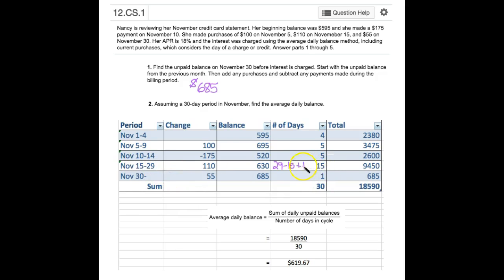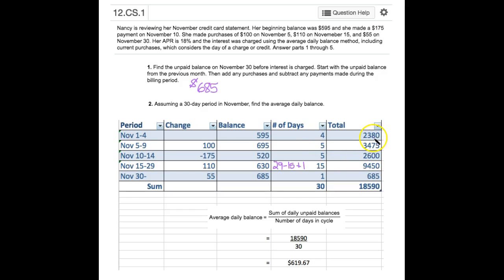So you actually want to remember to add that extra 1 if you subtract the days of the month, to give you the actual number of days that carried that balance. You can see it easier. Count on your fingers 1 through 4. 1, 2, 3, 4 had 4 days there. If you just subtract 4 minus 1, you only end up with 3. So just be careful on the number of days.